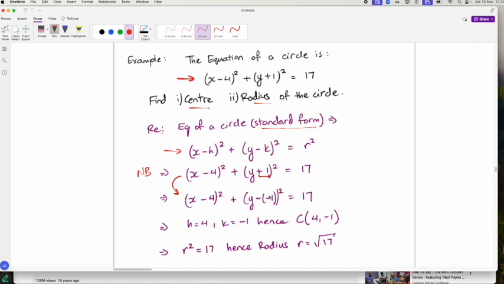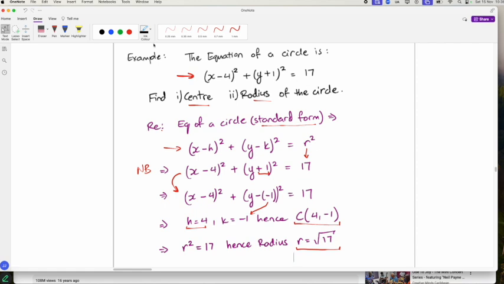The overthinking begins. And that is equal to 17. So therefore, h is 4. K is minus 1, and hence the center is 4, minus 1. And if r squared is 17, then the radius is the square root of 17.